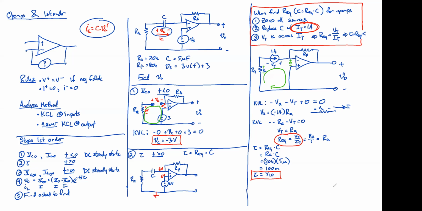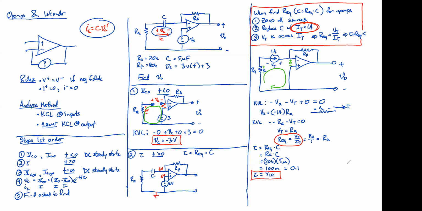How did you go from that 100 M to just the 1/10? Oh, sure. 100 M is just a fancier way of writing 0.1, which is the same thing as writing 1/10.